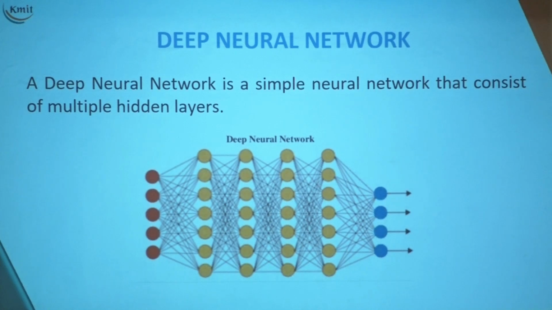Summation of A1, W2 plus B2. What is A2? F of Z2. Is it clear? If you want, you can note them down, because in programming, if you note this, you will understand. What is Z1? What is A1? What is Z2? What is A2? Are you all clear with this? If you understand this, you will understand the program and all that. Yes or no? Okay.